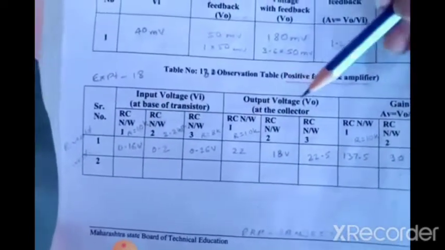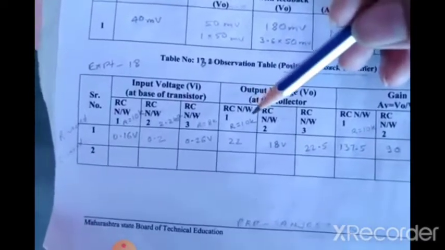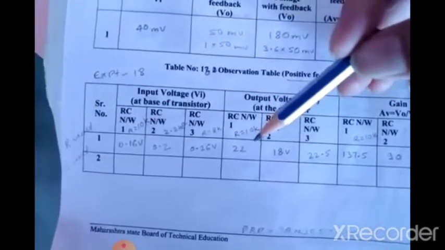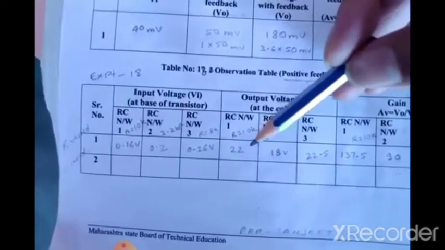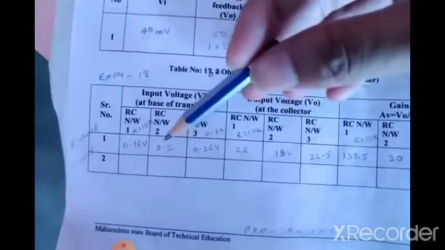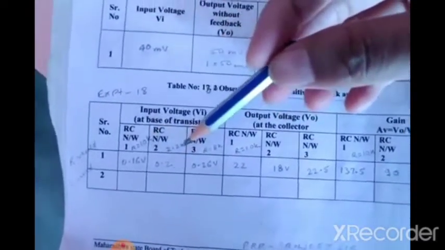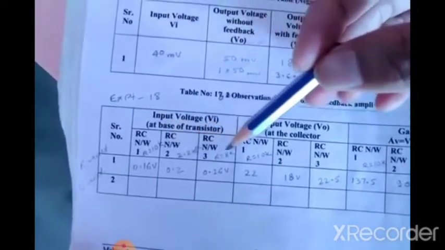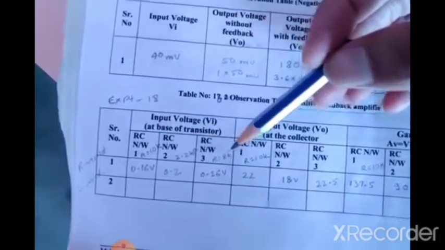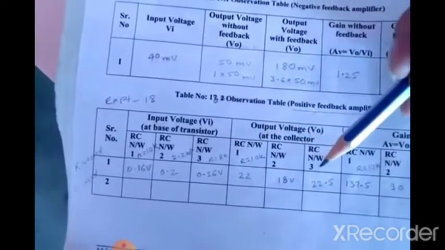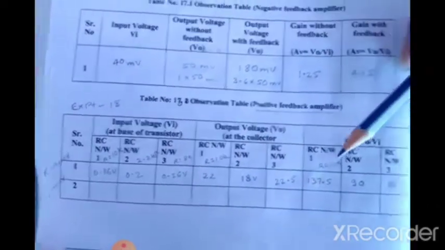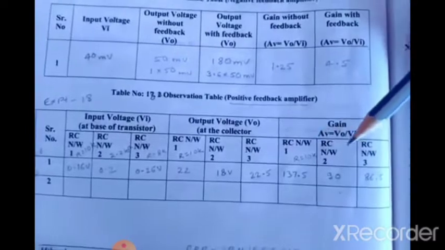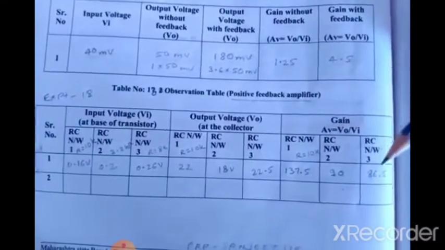So here we have to calculate the output voltage depending on the input voltage. We have used a 10 kilo ohm resistor, a 2.2 kilo ohm resistor and an 8 kilo ohm resistor. Initially we have to give the three resistor values as 10, then 2.2, then 8. Depending on that we will get the output voltage, and after that we have to calculate the gain, which is given by V0 upon Vin.